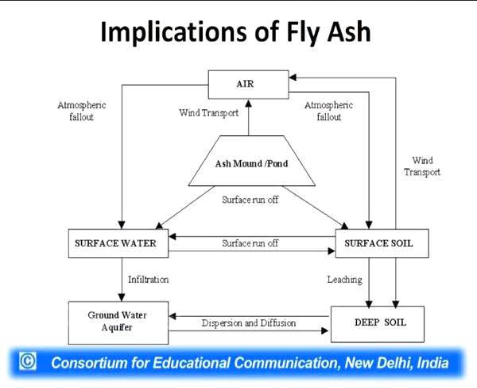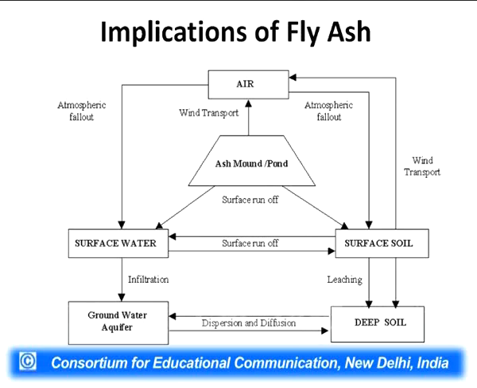Now, the implication of fly ash, how it can affect, what type of effect it can give. So here in this particular picture, it more or less represents all its negative or positive aspects. It starts from the central point where it is ash amount, where the fly ashes are collected if it is not transferred to some other place or to the utilization point.